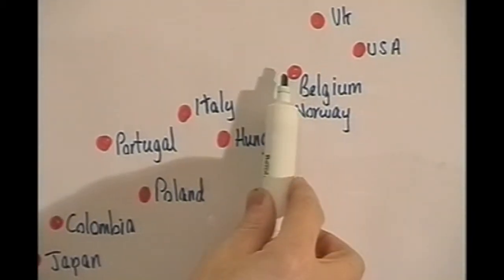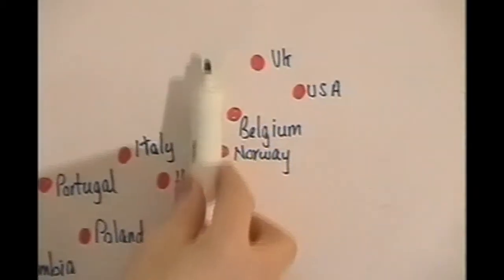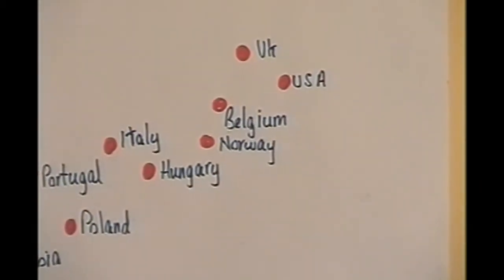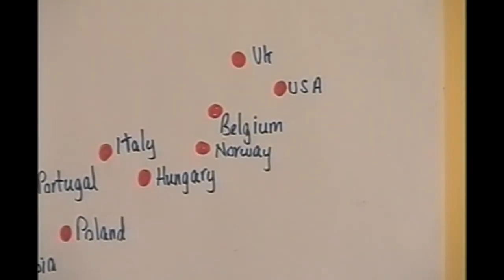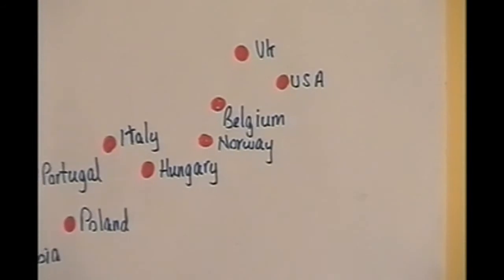Norway, Belgium, and almost top, the United States and the United Kingdom, with very high levels of dietary fat and, unfortunately, very high levels of breast cancer. These 2 variables appear to be positively correlated.